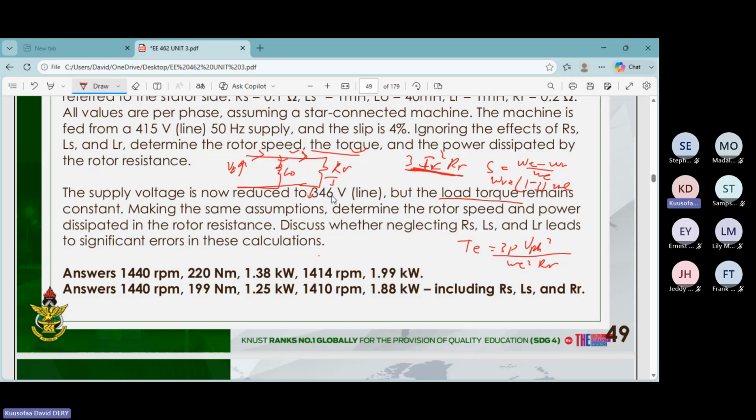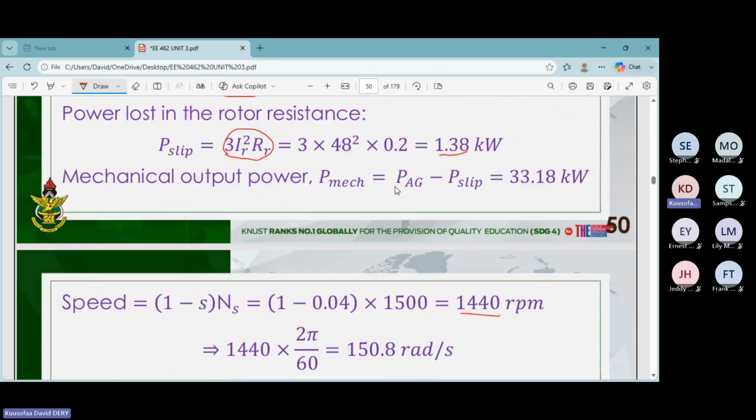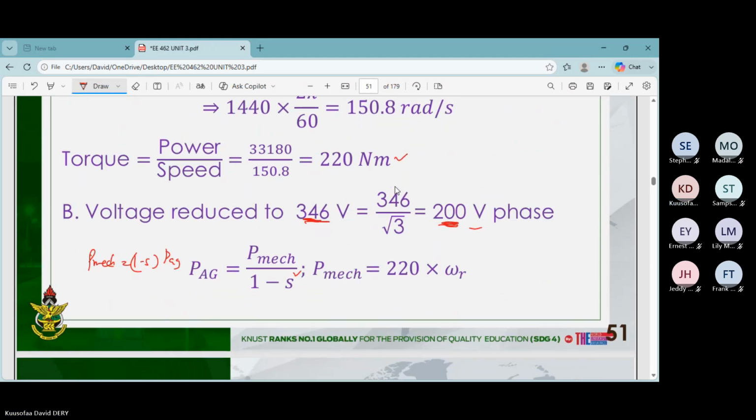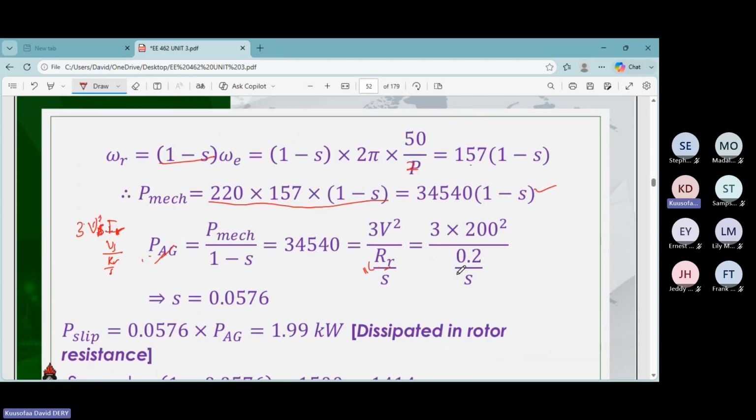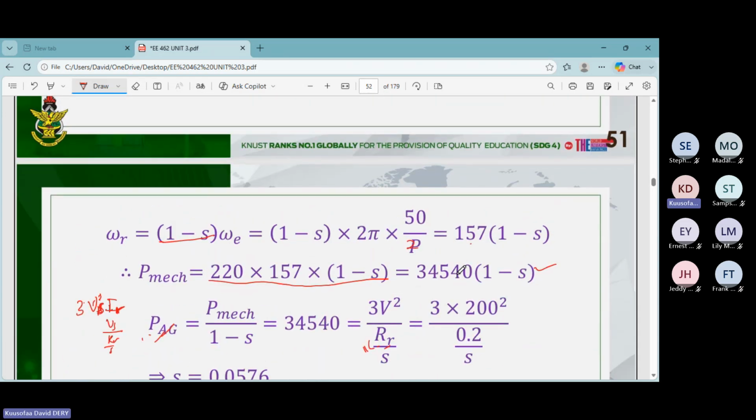So if the voltage has been reduced, it's going to affect the slip, because we have changed the voltage. So that is what will happen at this point, right? Because of that, we need to calculate for a new slip.